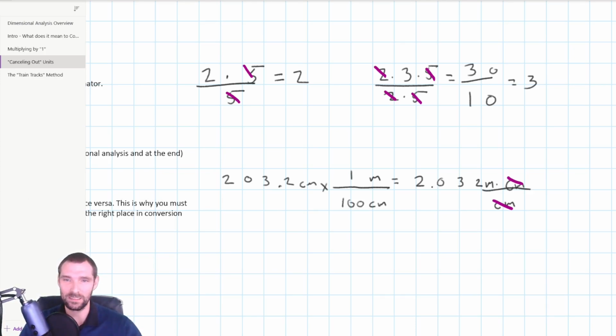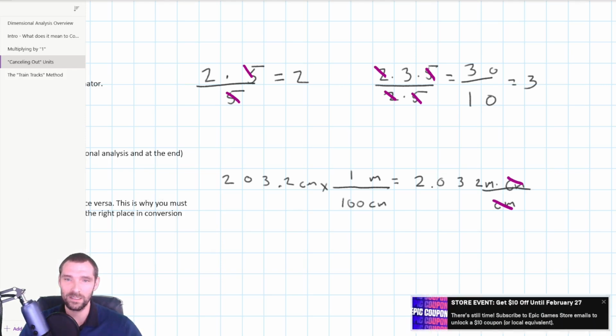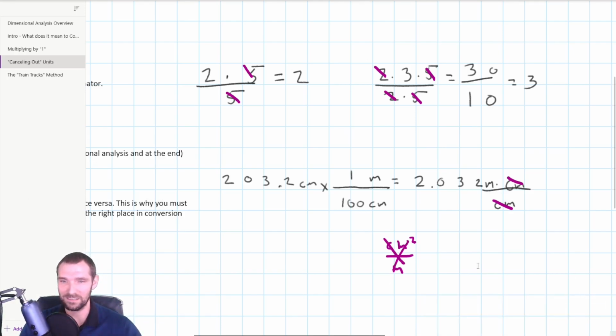Like if I put the centimeters up here and the meters in the bottom, I would get centimeters squared over meters, and nothing's canceling out, so that can't be right. So that's one of the reasons that I encourage my students, sorry about that.